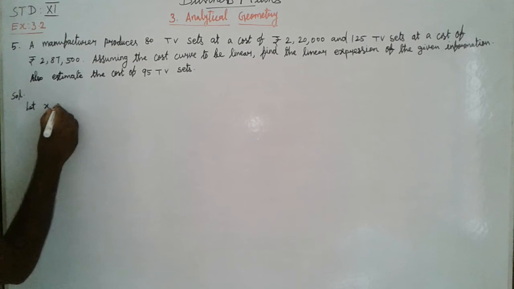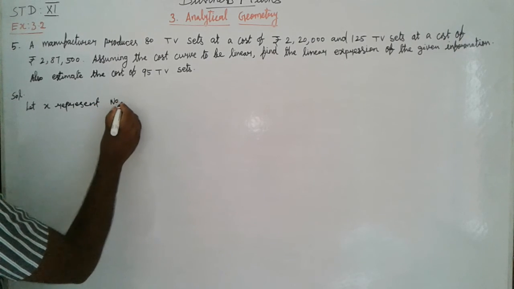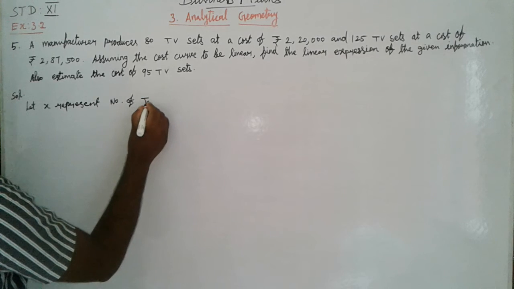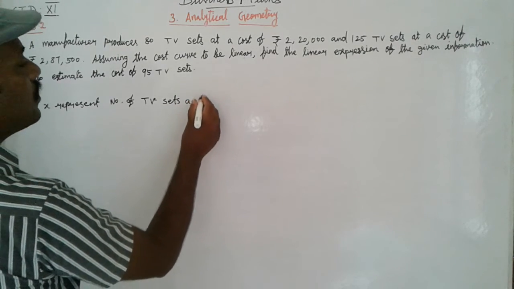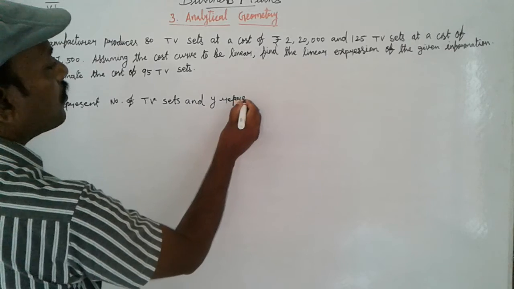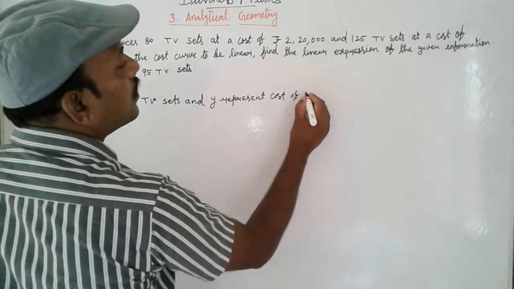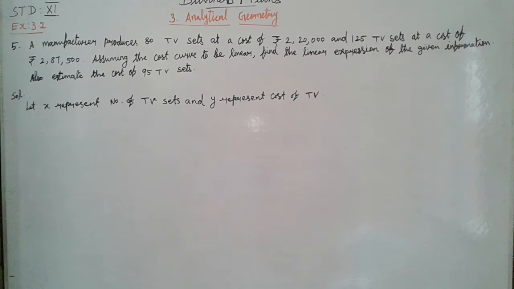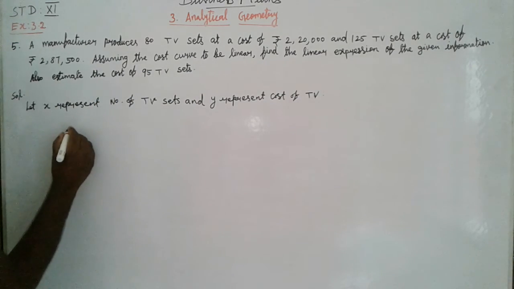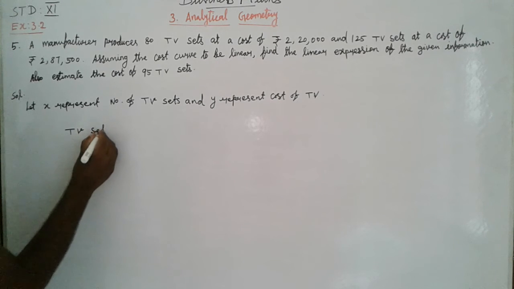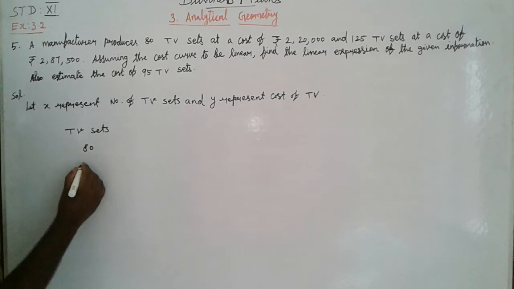Let x represent the number of TV sets and y represent the cost of the TV sets. Then the number of TV sets: 80 TV sets is one value, and another is 125 TV sets.